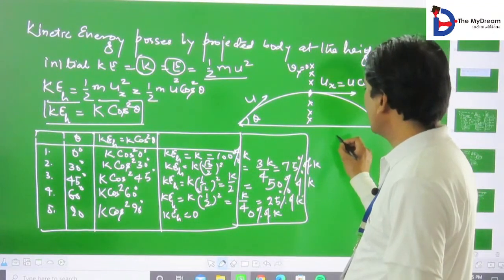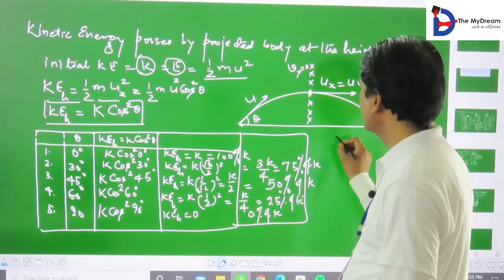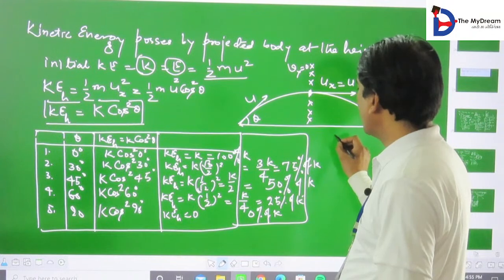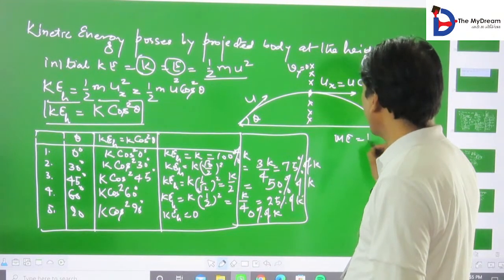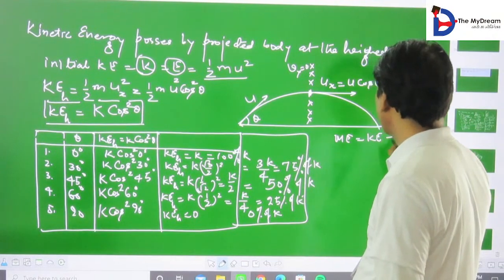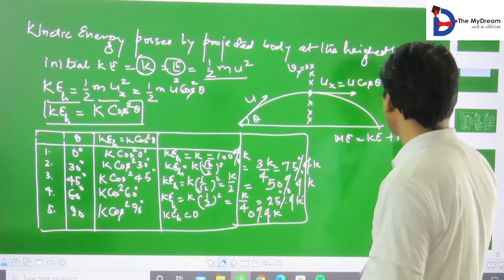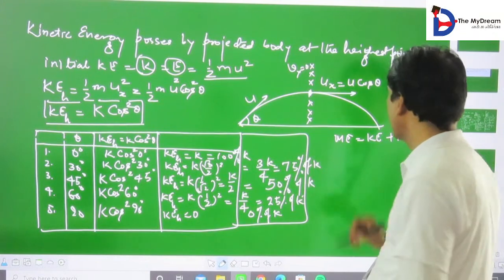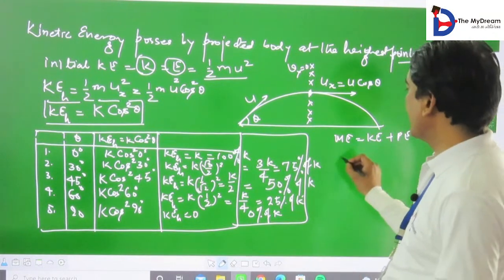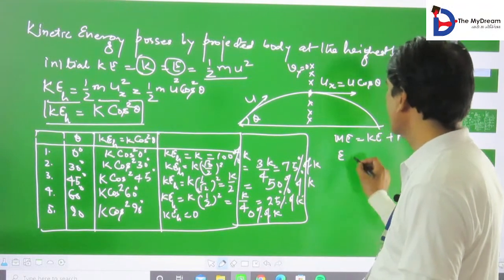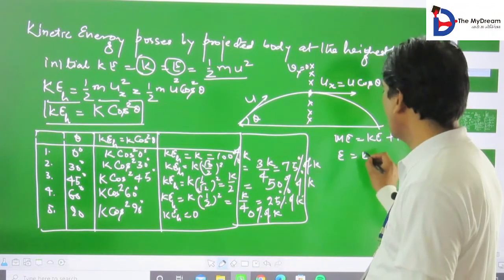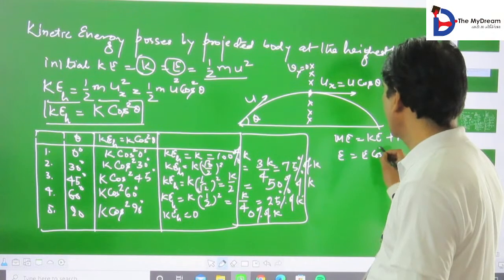Mechanical energy is the sum of kinetic plus potential. Suppose total mechanical energy is E, then kinetic energy is E cos square theta.